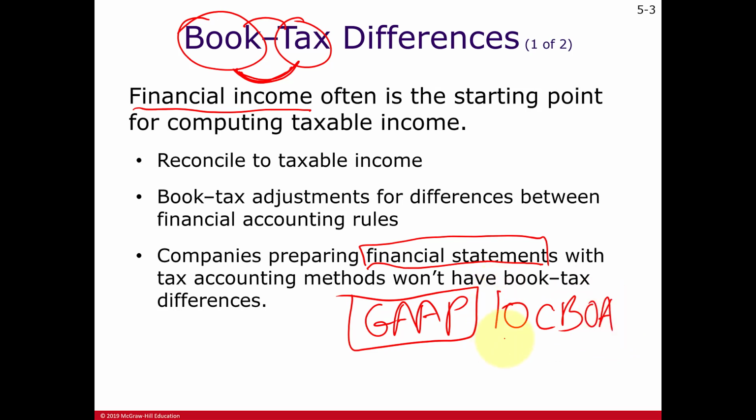Could be cash basis, could be a combination of cash or accrual called modified accrual or hybrid, or could be, again, if the only thing you need the financial statements for is to prepare your tax returns, your financial statements could be exactly like the tax return, the tax basis financial statements. But that has to be disclosed right on the financial statement so it's not misleading. It's not automatically assumed now it's going to be GAAP based.